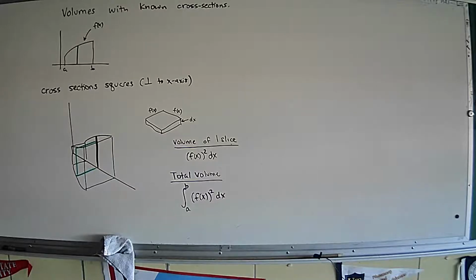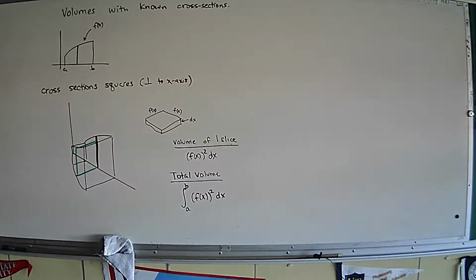Okay? Now, over here in this GeoGebra sketch that I've got going on the board, and if you're watching this online, I'm going to put a link to this GeoGebra sketch in the classroom so you can play with it. Instead of the region being defined by one curve, now I've got a region being defined by two curves.